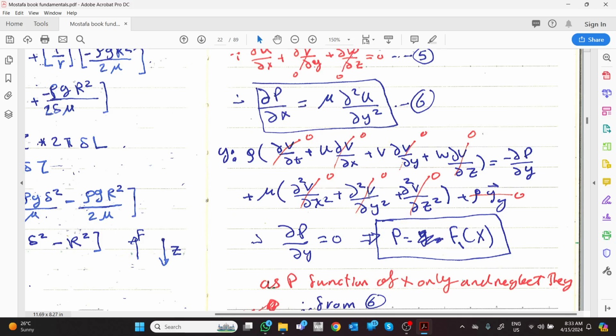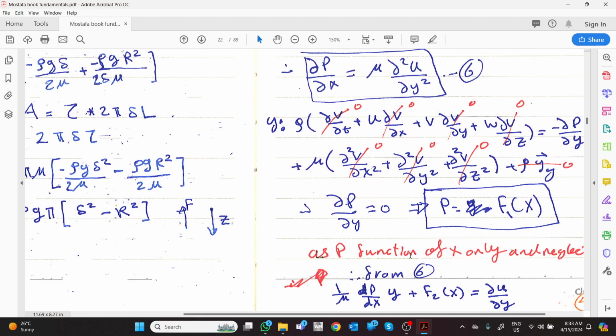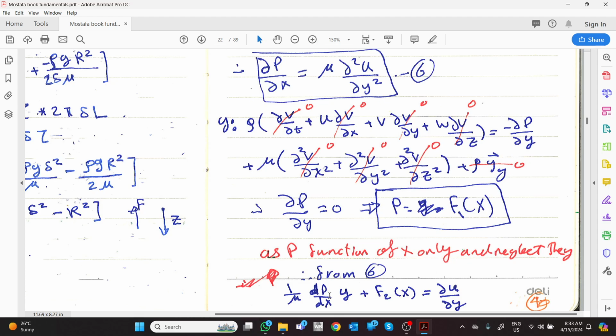So the pressure is a function of x. It can have some terms of y, but there is x, which means x will compensate the y terms. So we can write the same equation, but with del p by del x.